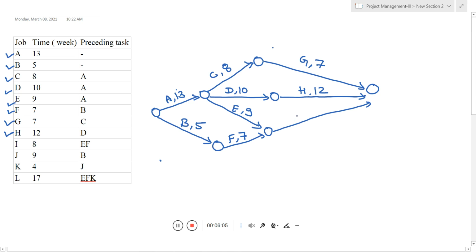This is the activity I, and the duration of activity I is 8 as mentioned here. Now I is done. The next activity is J.